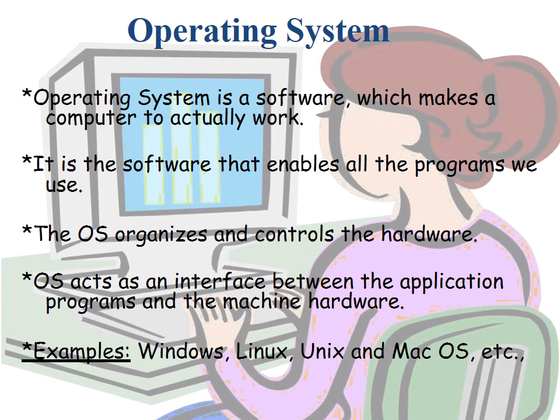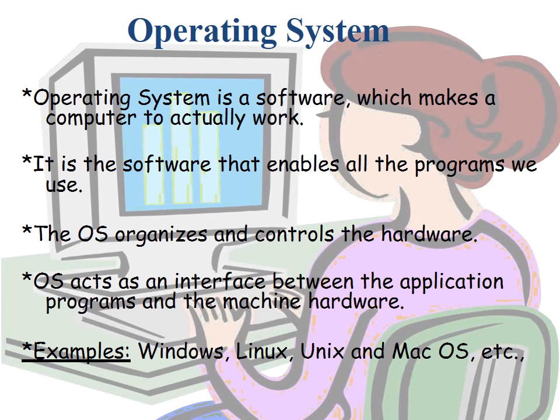When a computer is turned on, operating system is loaded into RAM from secondary storage devices, that is hard disk. Operating system organizes and controls and runs the hardware with the help of microprocessor. Operating system acts as an interface or link between the application programs and the machine hardware.